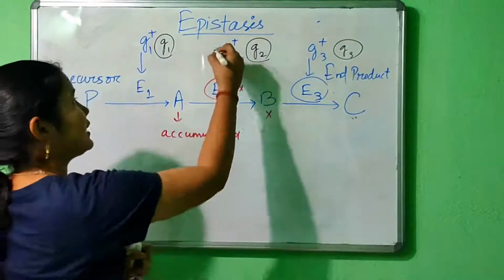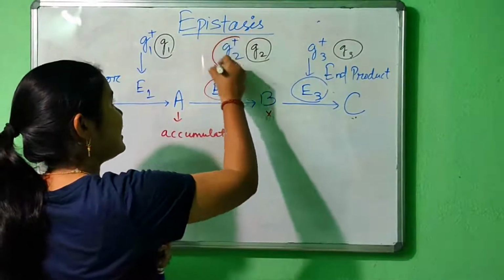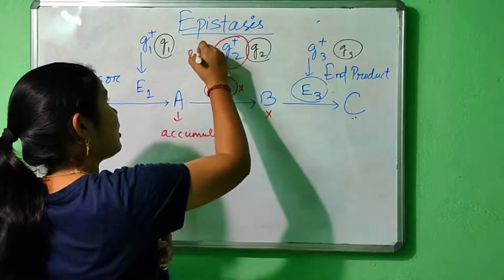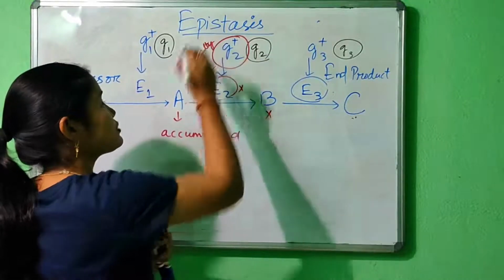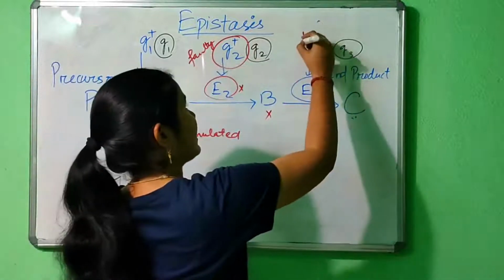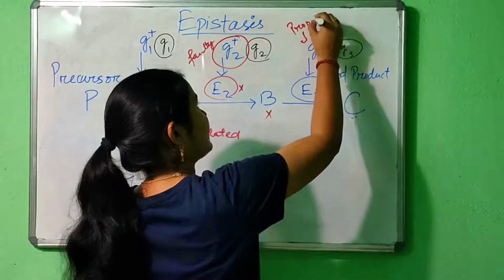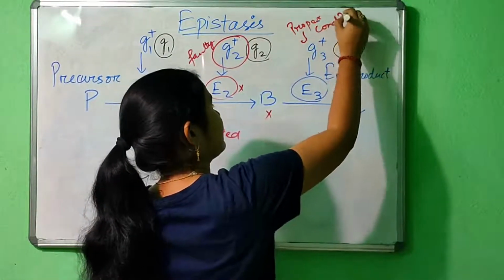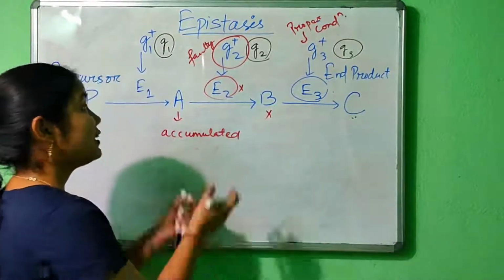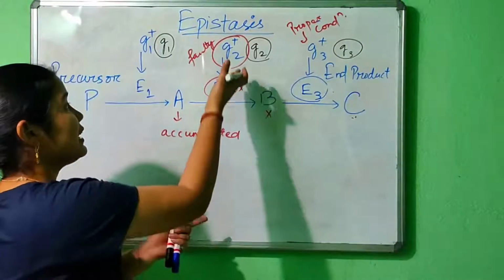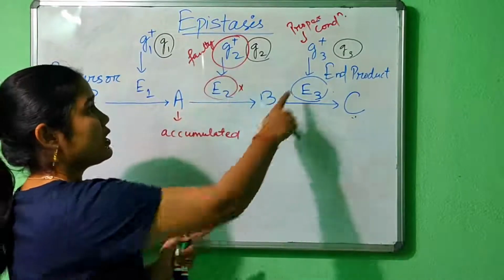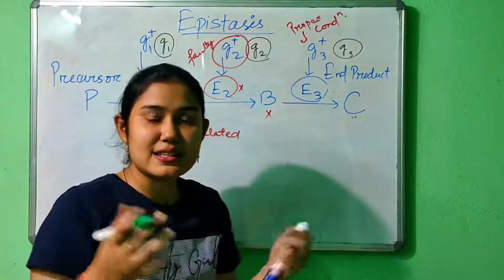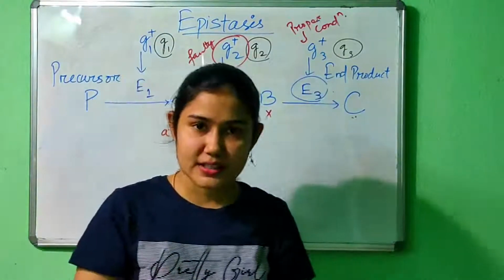So the middle one is faulty, and this one is in proper condition. But what happens here? Because of this one, this has no effect.